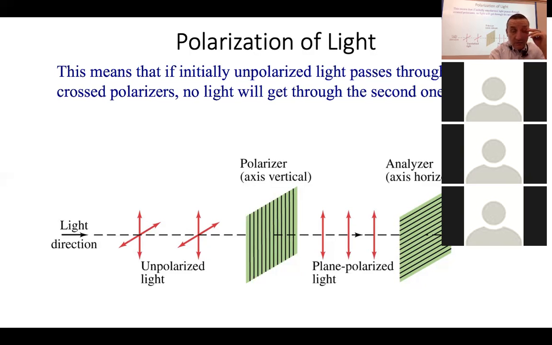So the intensity of light of the other planes is reduced as you go from the vertical plane wave to the horizontal plane wave. Does that make sense to everyone, the way I'm explaining it? I'm hoping you're visualizing what I'm talking about.